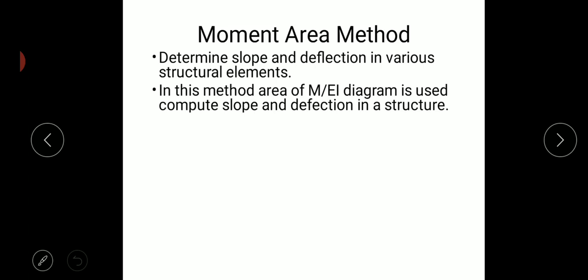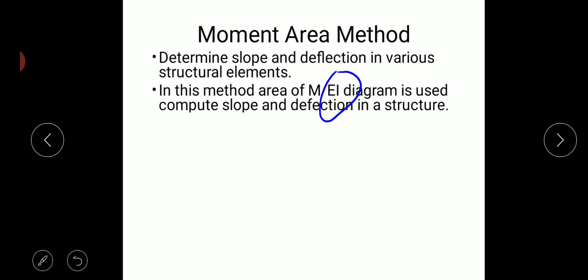E represents the modulus of elasticity, I is the moment of inertia, and M is the bending moment. The product of E and I is called flexural rigidity.